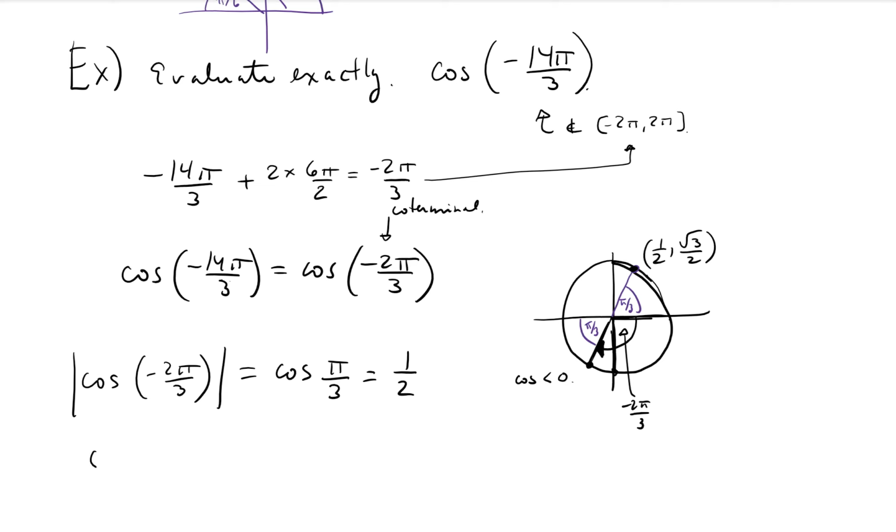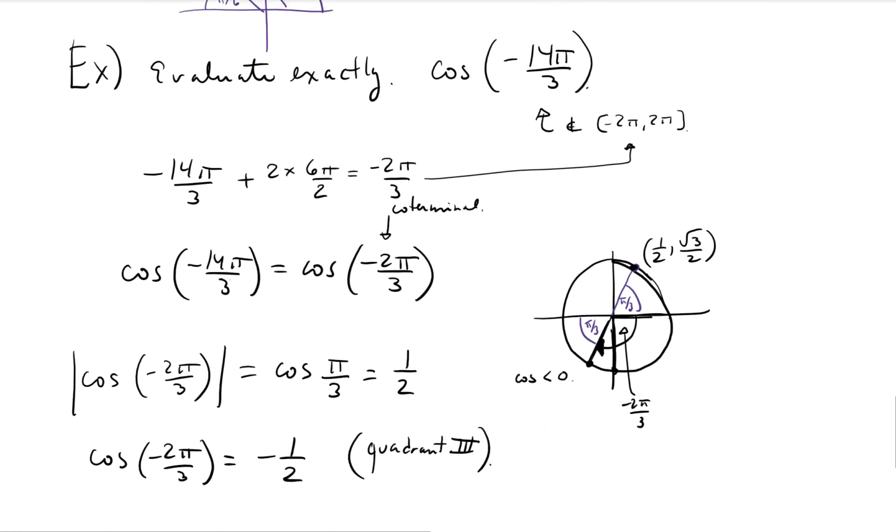So I need to take the negative of that. So cos of minus 2 pi over 3 is minus 1/2.